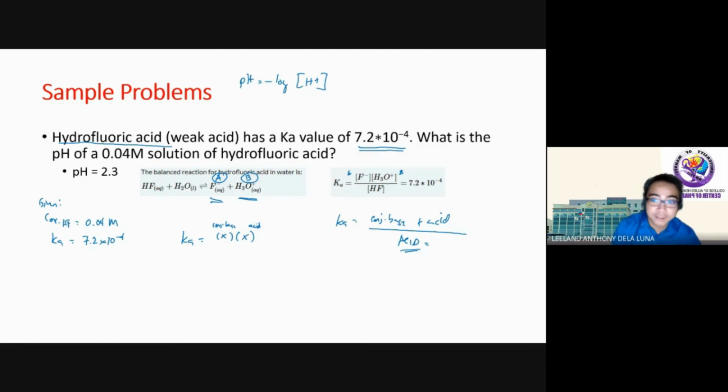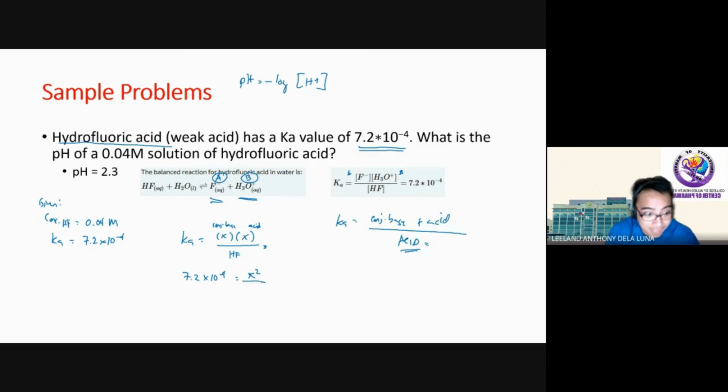Right? Kasi diba F minus times hydronium ion, tapos over HF, hydrofluoric acid, which is yung may concentration ako for hydrofluoric acid. Okay, which is equivalent to 0.04. Now, mayroon akong Ka, so gagawin ko ganito. 7.2 times 10 to the negative 4 equals, kasi pareho lang naman silang X, so magiging X squared ito.